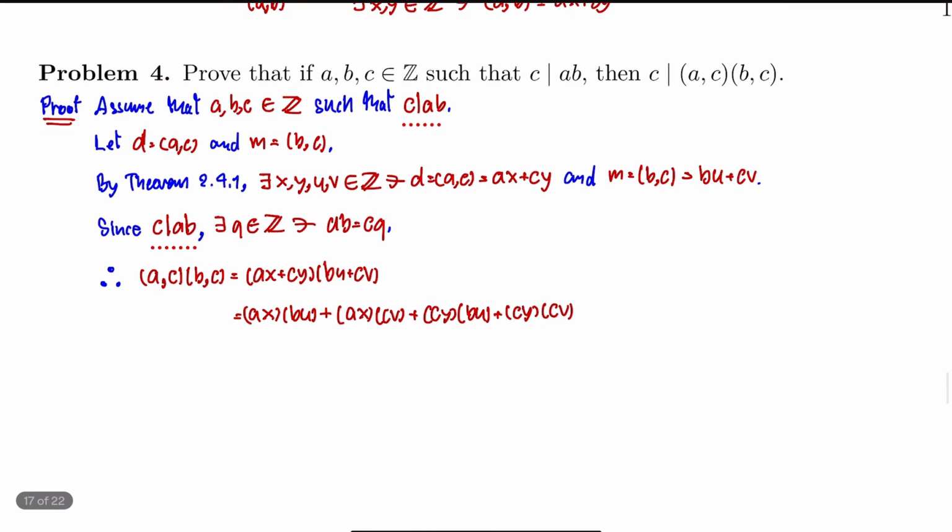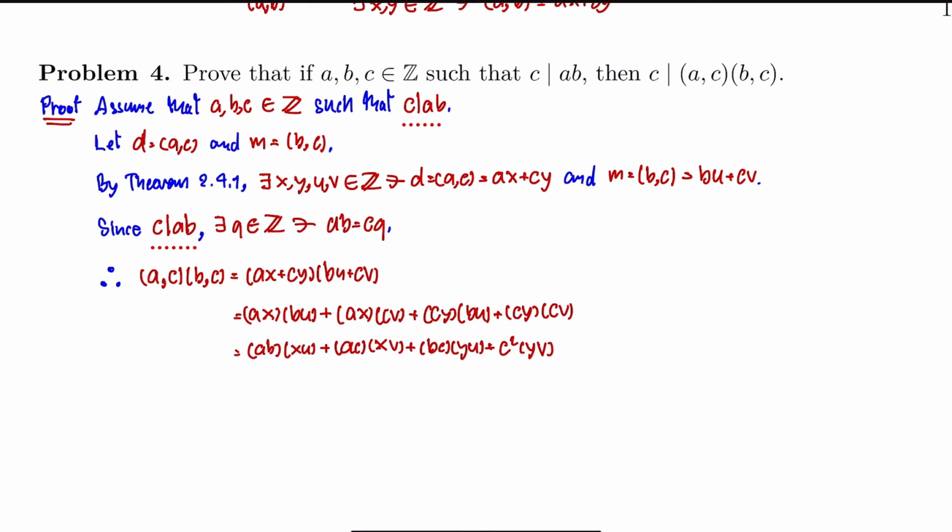Okay. Next one, let's use algebra to deal with each term of this. So we have ab xu plus ac xv plus bc yu plus c squared yv.